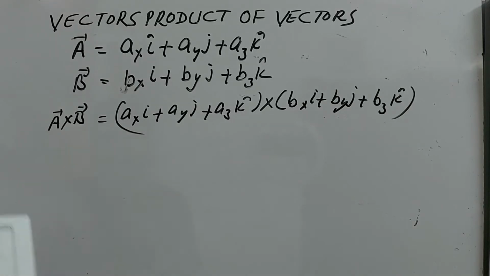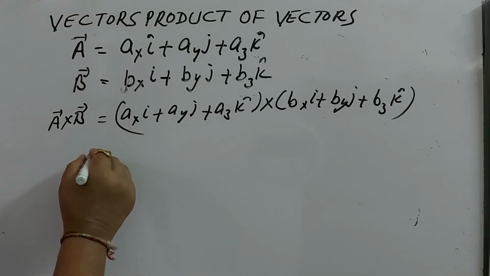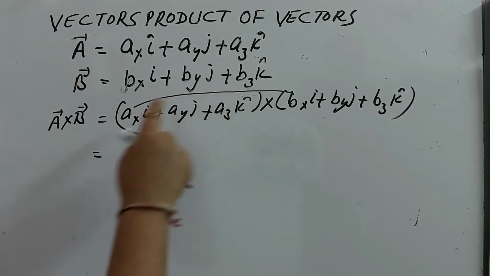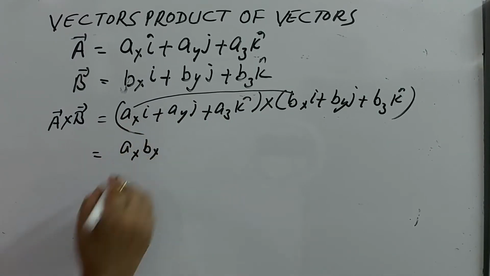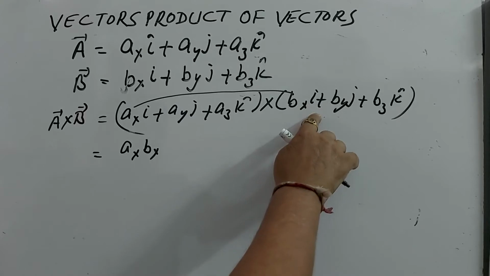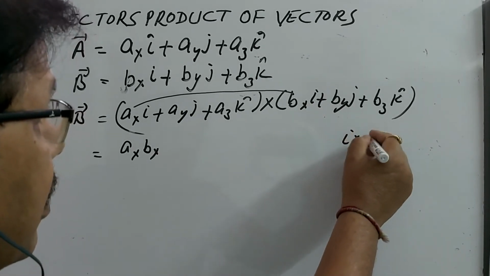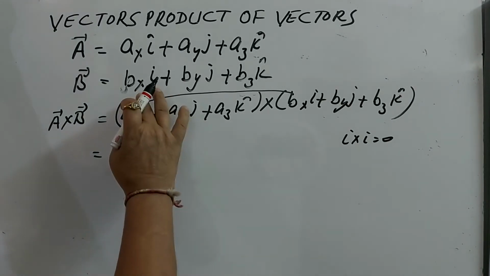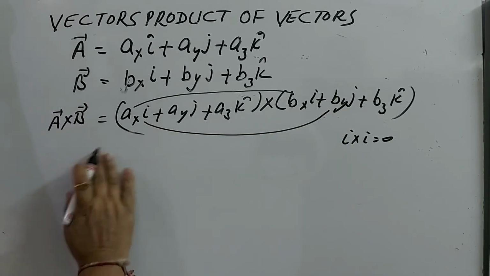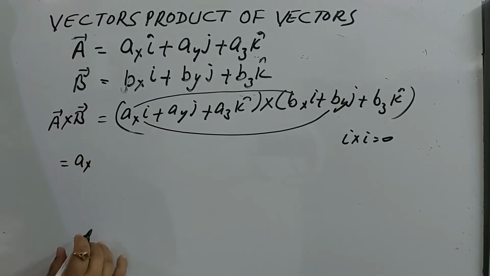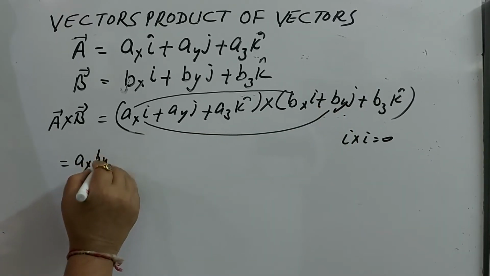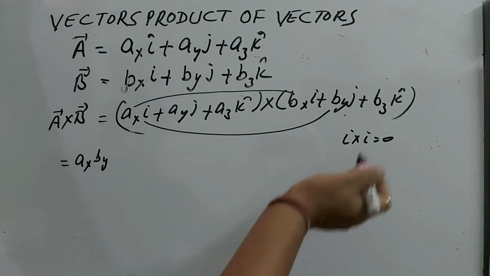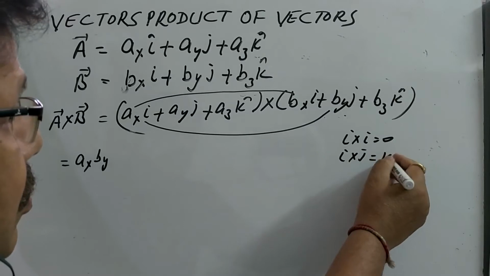Now you multiply this and this first. This will be written first and this second. So this is ax bx, and i cross i we already know was 0, so this into this becomes 0. And if we multiply this and this, it will be equal to ax by, and i cross j we know is equal to k cap.